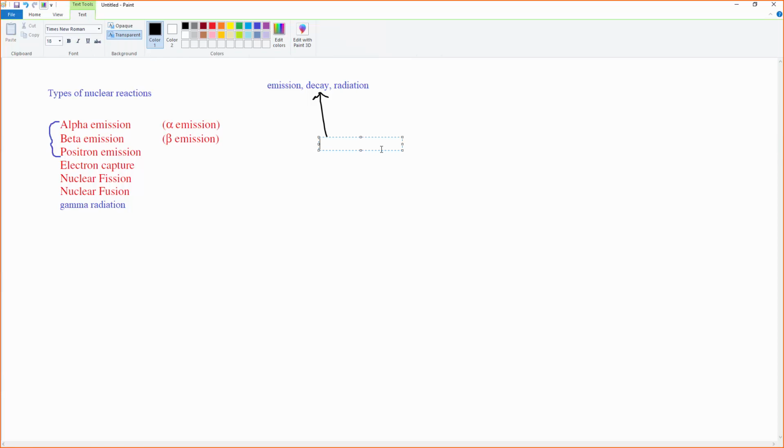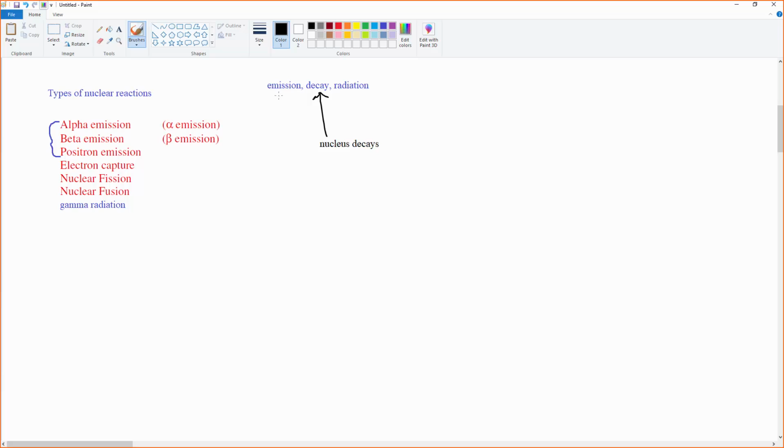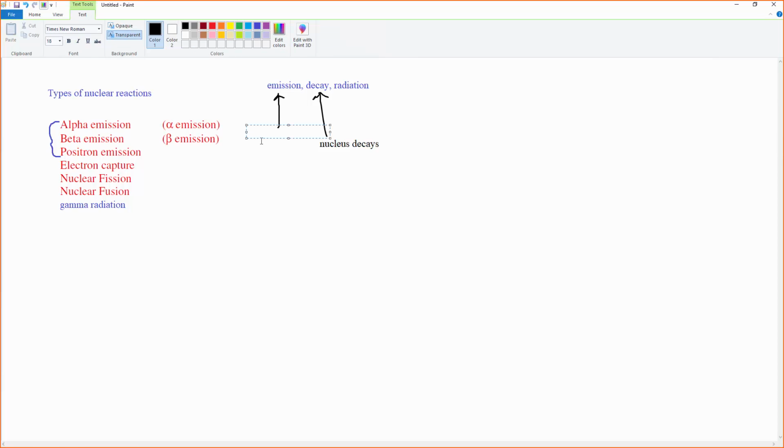And they don't mean exactly the same thing, but they mean close enough to the same thing that they're all referring to the same process, right? So the nucleus decays, and usually if it does it by one of these things, when it decays, it emits a particle.